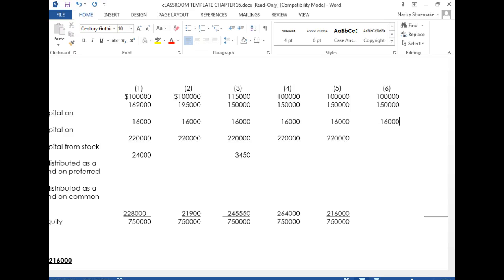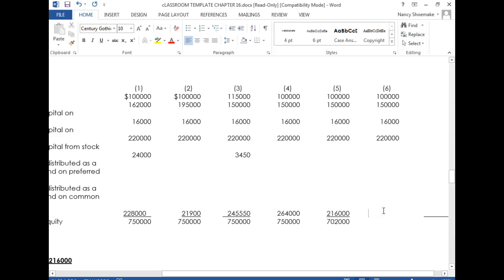No. Number 5 was the last one, a property dividend. I don't have 750. It should be 702. Gosh, yeah, 702 here, because of the property dividend. We only changed retained earnings. 702 is number 5. I'm sorry.